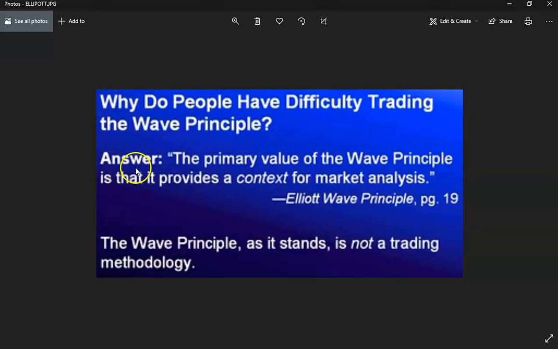The book itself tells us that the primary value of the wave principle is that it provides a context for market analysis. In addition to that, the wave principle as it stands is not a trading methodology, or a trading strategy. But basically it provides us with a context for market analysis.